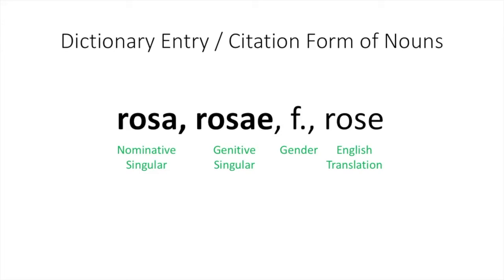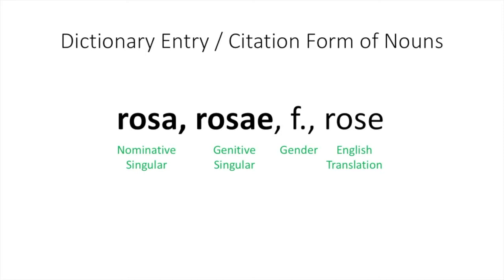In this example, rosae. Next is the gender. In this case, it's feminine. Usually the gender is abbreviated F, M, or N, or fem, masc, and neut. The translation then follows all of these parts, but generally we talk about the nominative singular, genitive singular, and the gender as your dictionary entry or citation form.